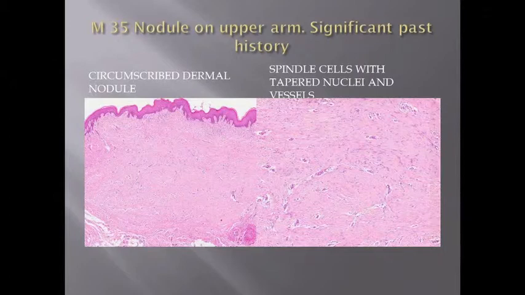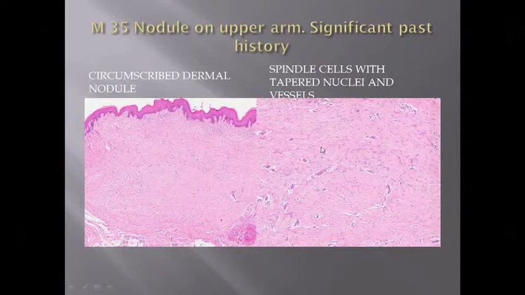Now, the next case is a 35-year-old who presented with a nodule on the upper arm, and this patient had a significant past history. After you've seen the case, you will realize what the significant past history meant. Now, when you look at the sections, you see that there's again a circumscribed dermal nodule.